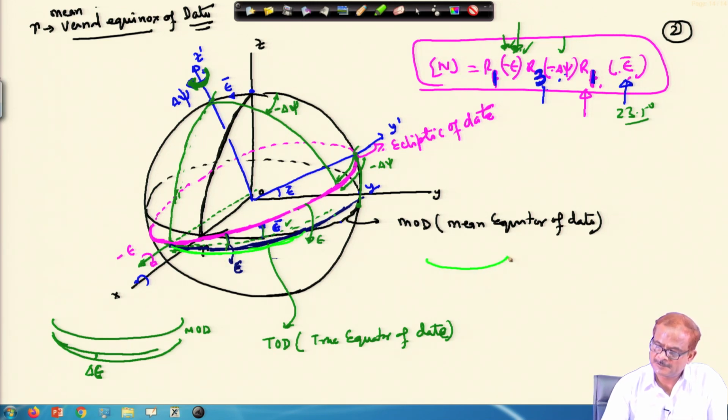Otherwise, in the actual figure, if you look into some of the references, the actual figure should look this way. This is the mean equator MOD, and this is the true equator of date, and there is a small angle between them, which is delta psi.